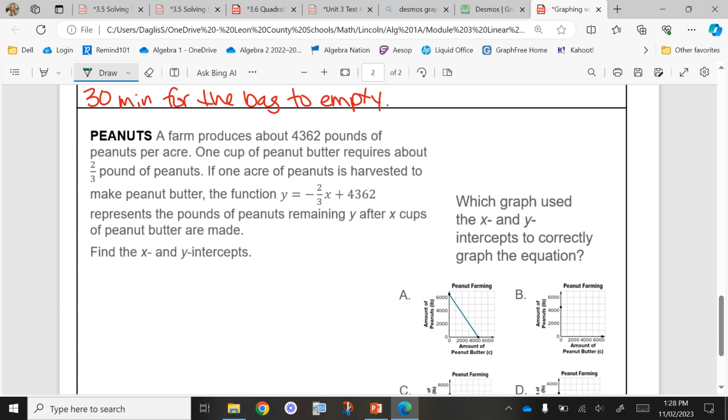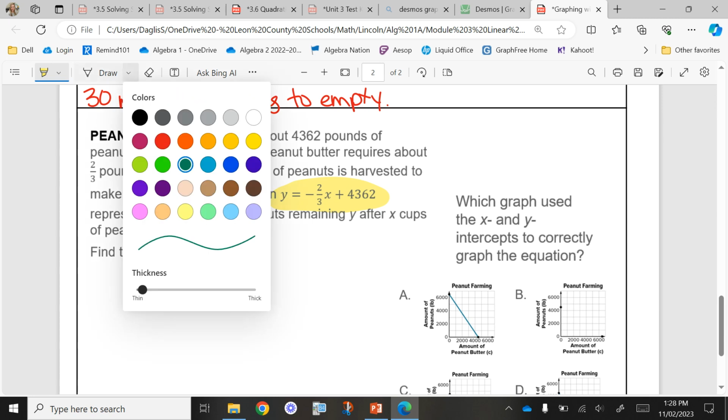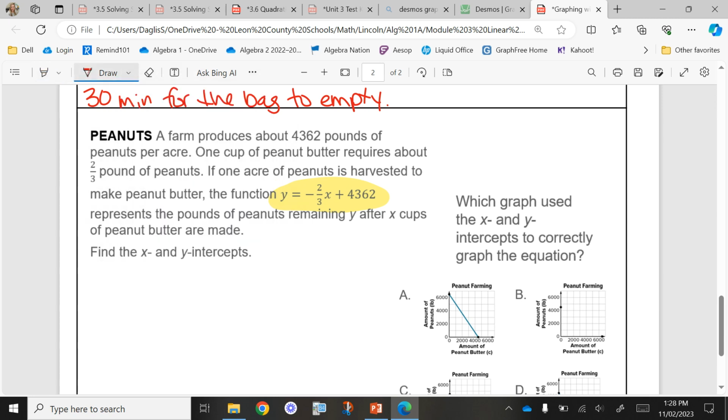All right, so we had an equation like this in the front where my x and y weren't on the same side. So what are we going to do first for this one? Yeah, let's move my x to be with my y. Okay, and we're going to do that by adding the x. So we're going to say positive 2/3 x plus y equals 4,362.